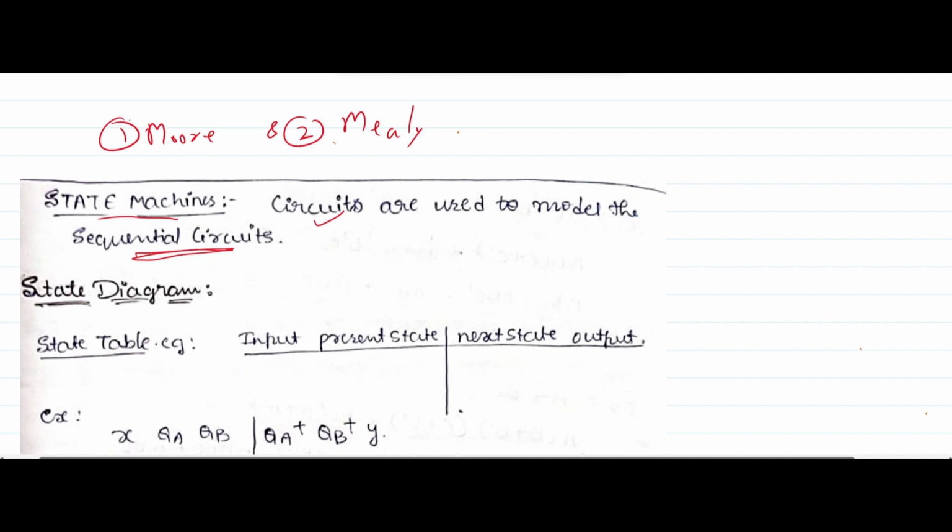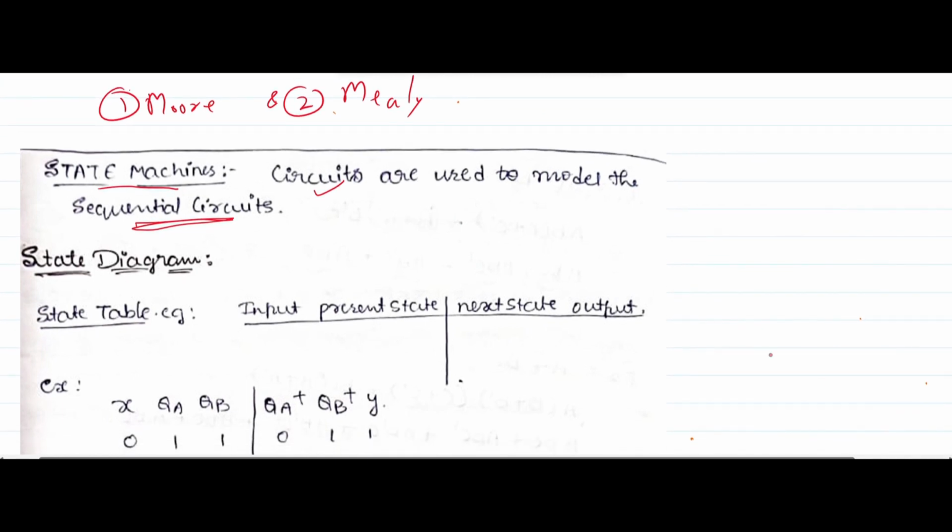Okay, so to design any state machine there are a few terms that you should know. They are the state diagram and the state table. The normal procedure to design a state machine is, first you need to know the state diagram. From this state diagram we will derive our state table.